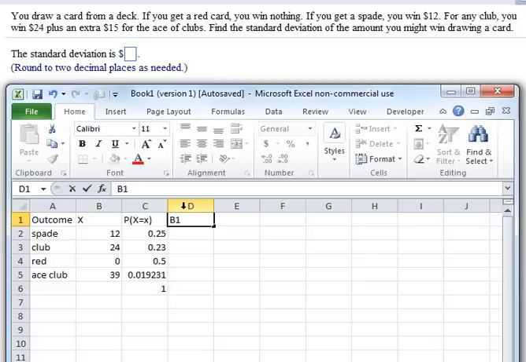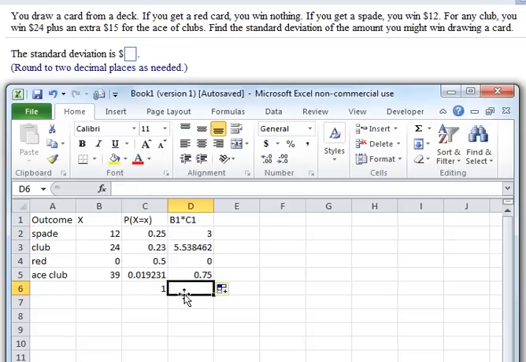So I'll do equals this times this cell, column B times column C, and then you bring that down. Then you sum that, and that sum is your mean. So on average, you can expect to win $9.29.